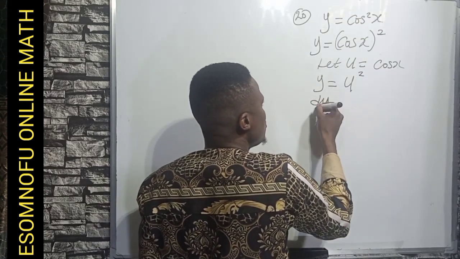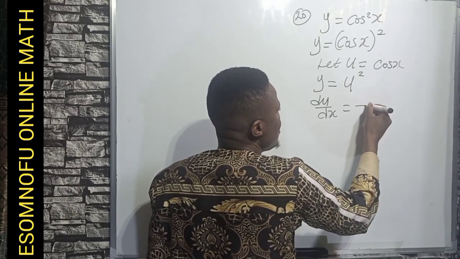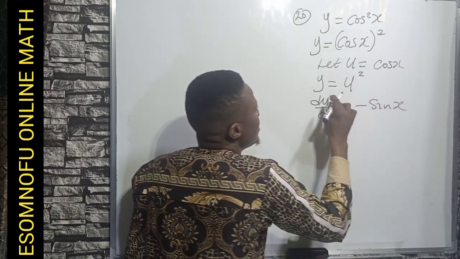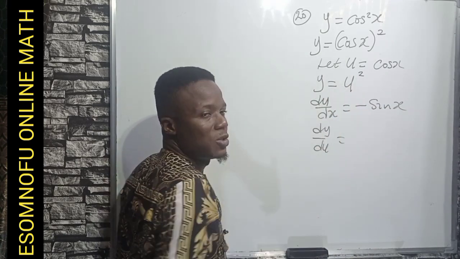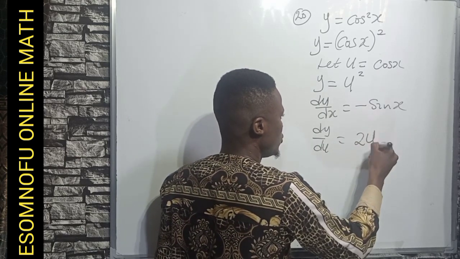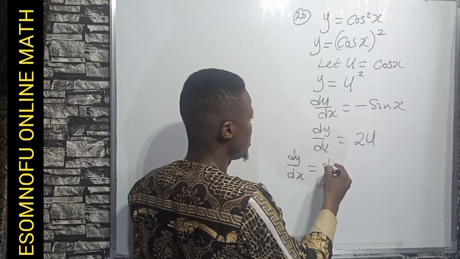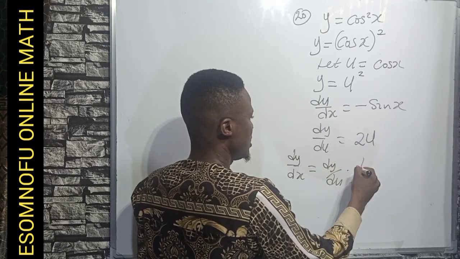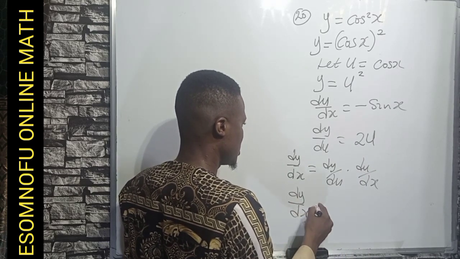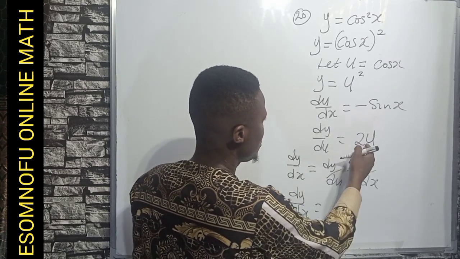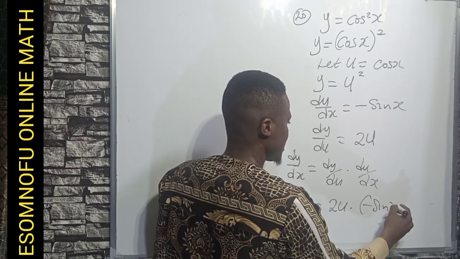So you take du over dx. If I differentiate cos x, it will give me minus sine x. Then dy over du: if I differentiate u squared, it will give me 2u. But dy over dx is equal to dy over du times du over dx. Therefore, dy dx will now be 2u multiplying negative sine x.